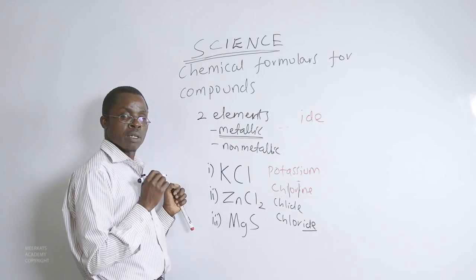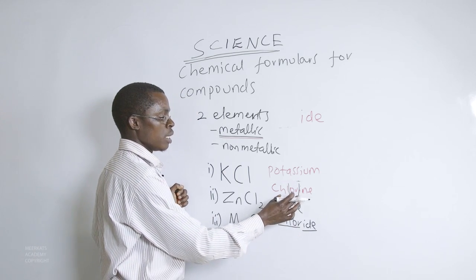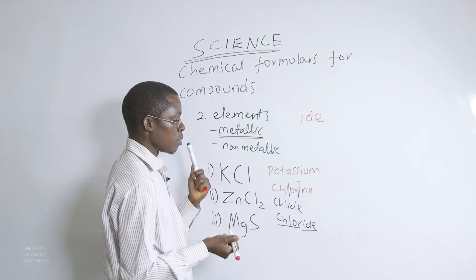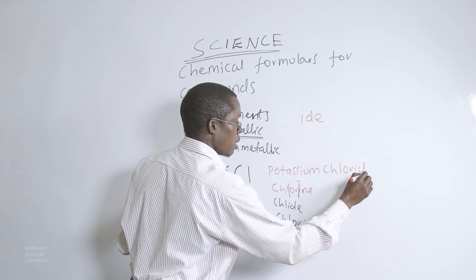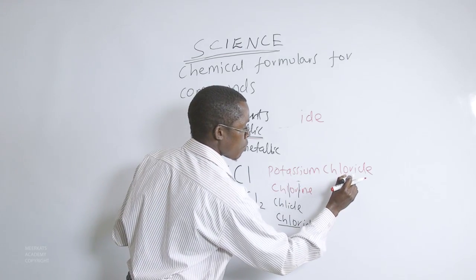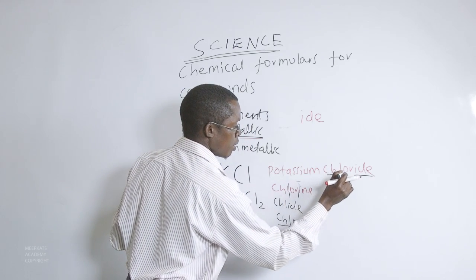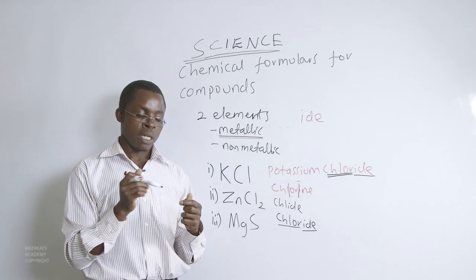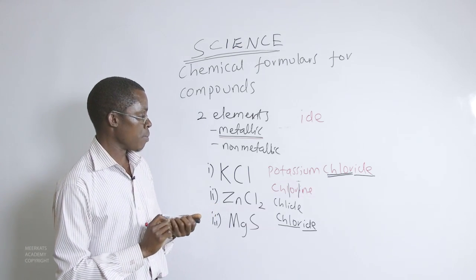Having taken this as the only portion for the second element, which is chlorine, our full name here therefore becomes potassium chloride, giving us our suffix and our portion of the name of the non-metal element in the formula.